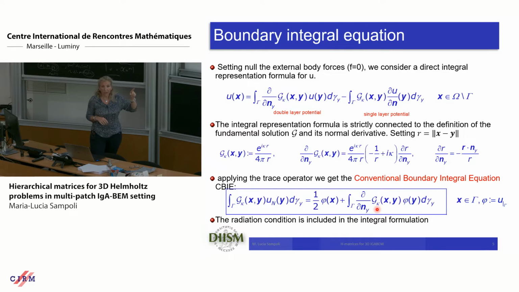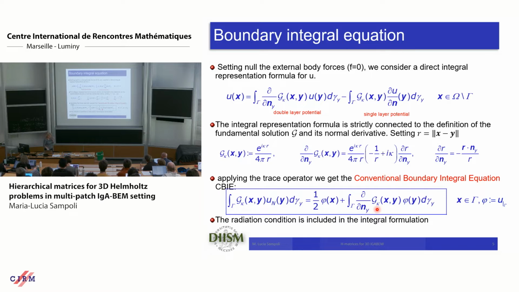Of course, in this way we will end up with the solution only on the boundary, so this is why I prefer to change the name: this phi will be our unknown, but just on the boundary. Then, once we have solved this, we can use the representation formula to compute our unknown at any point of the computational domain.